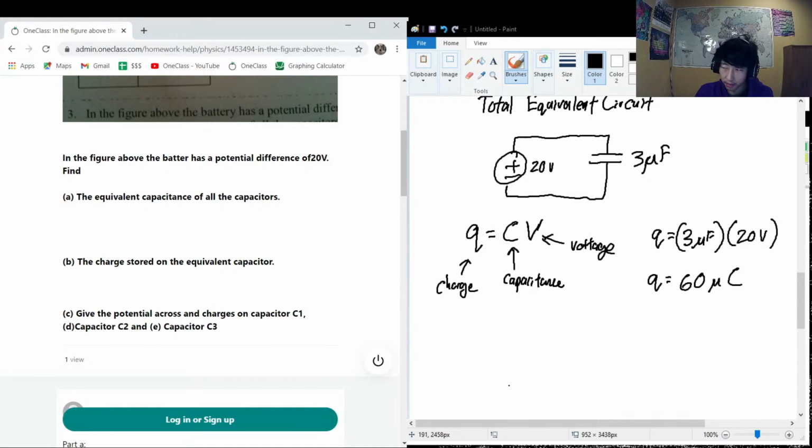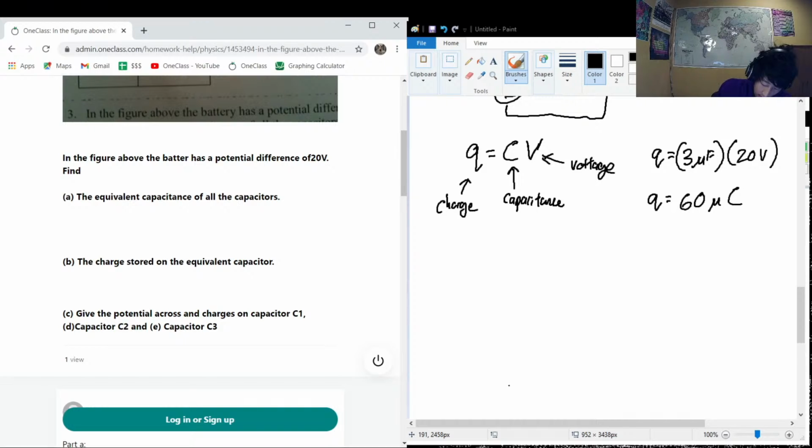A rule that I want to mention first is that all series capacitors have the same charge.